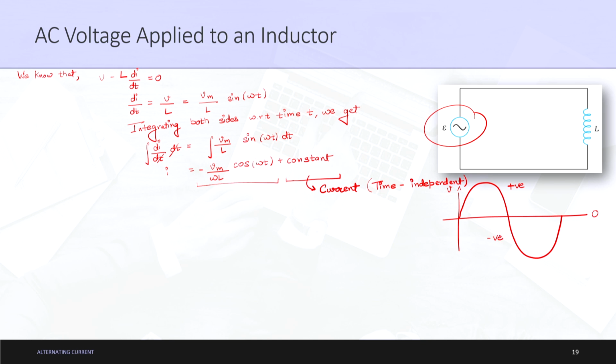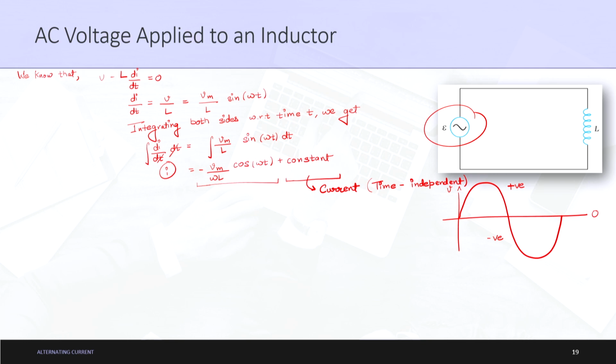Since this source has an EMF which oscillates symmetrically about 0, this current also oscillates symmetrically about 0. Very evident. This was also explained in the first concept, in which we understood the AC voltage supplied to a resistor, where the value of current came out to be Vm by R into sin omega t only. It is also sinusoidally varying, but it is varying across 0 only, fine.